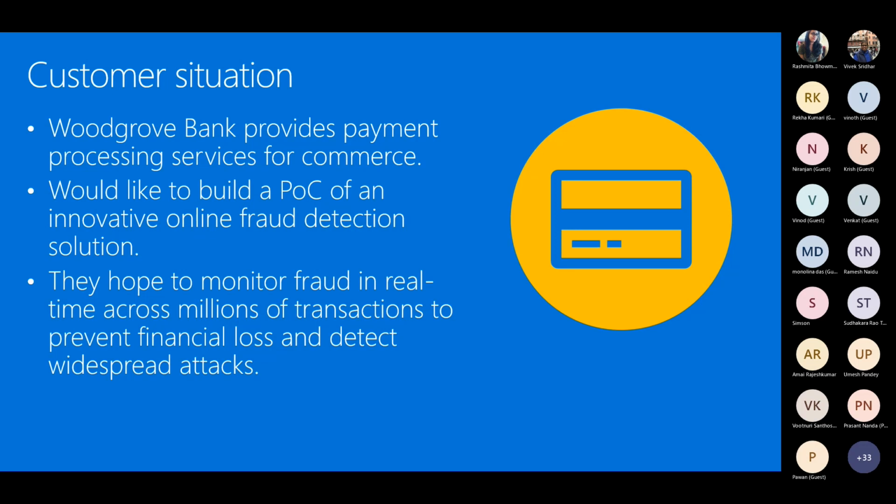So today's scenario is about the bank Woodgrove, and they are looking for fraud analytics. Today the data is coming from various transactions that are going on. The customers are paying the merchant, and Woodgrove Bank wants to do the fraud analytics in real time. Now, the frauds can be of many types.